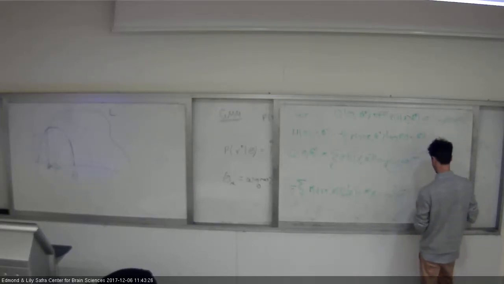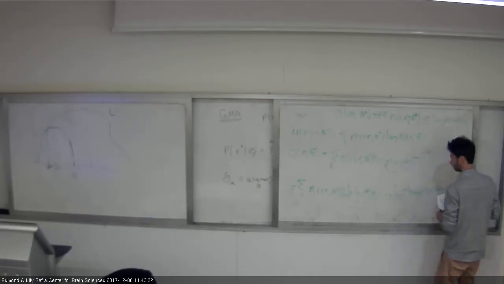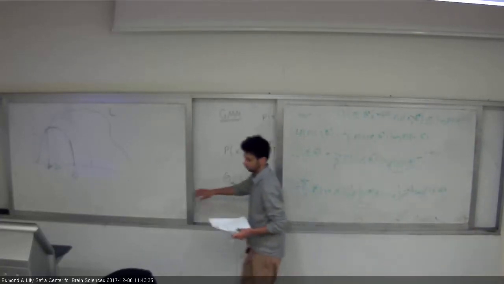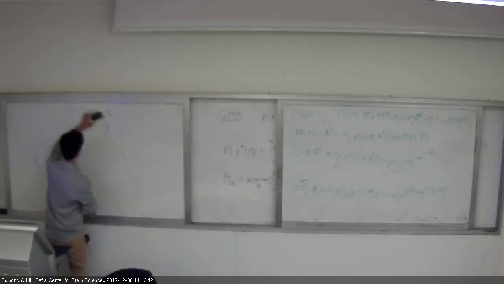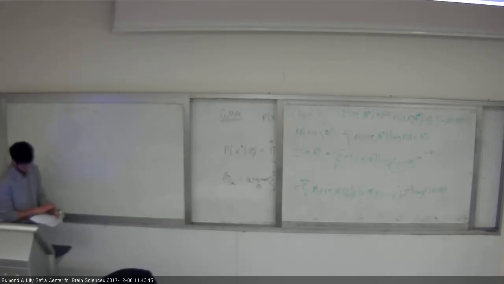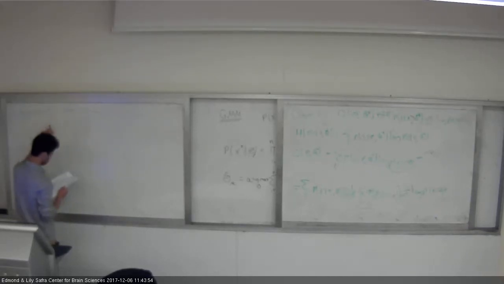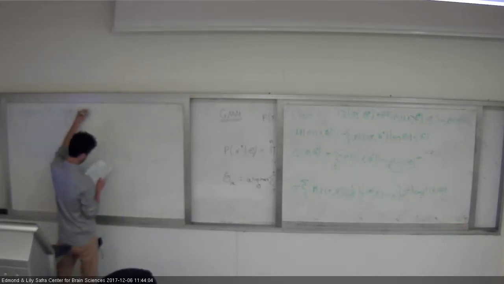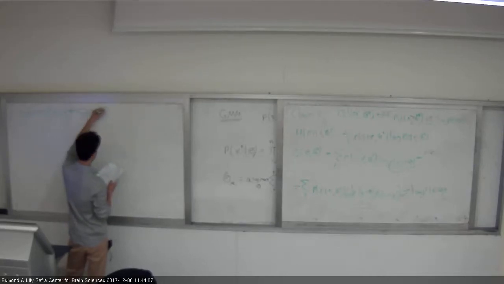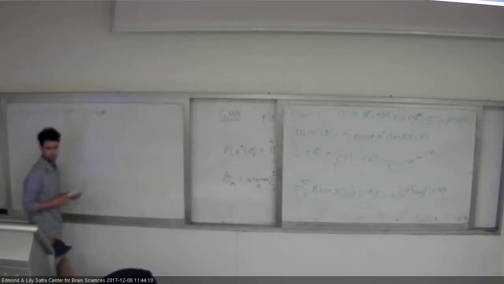So this is equal to log of p of x given theta plus the summation over the z, p of z given x and theta hat, log of p of z given x and theta. Okay?